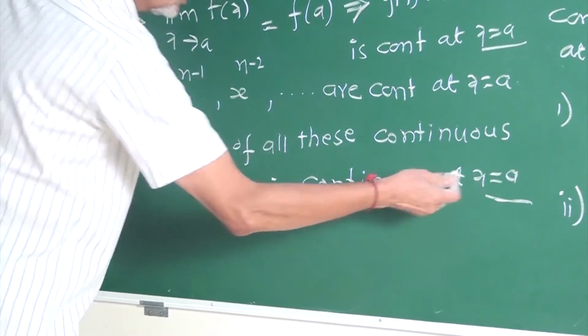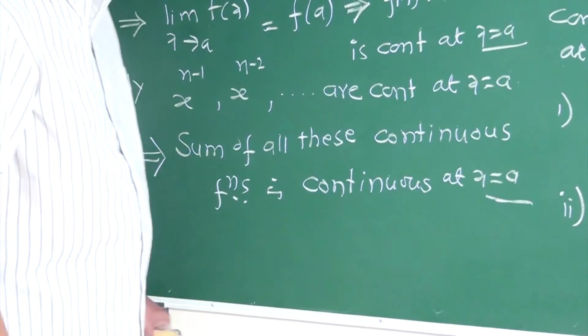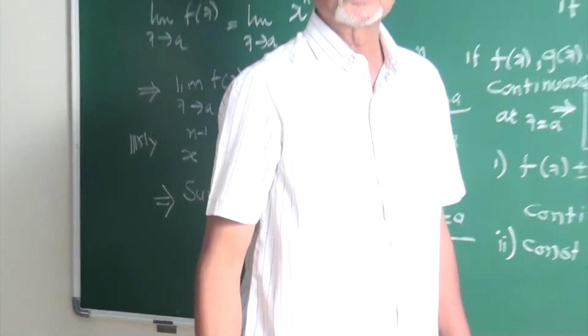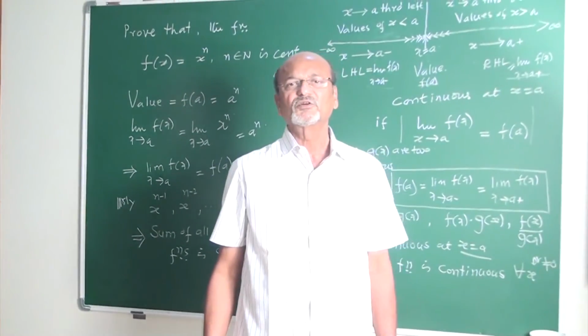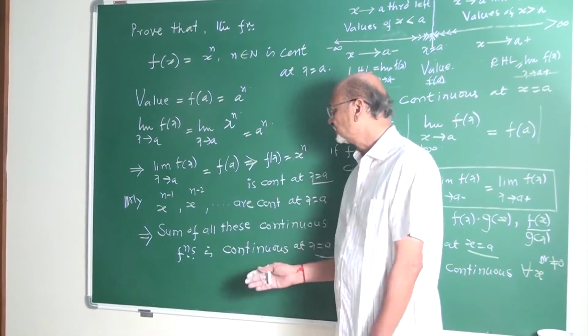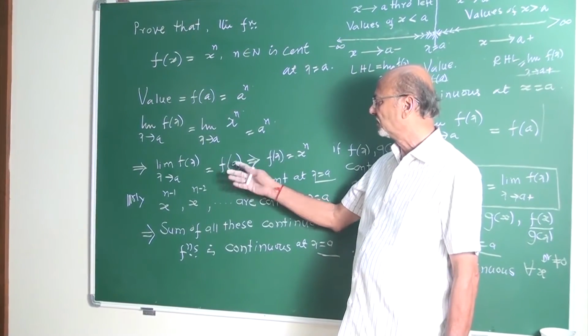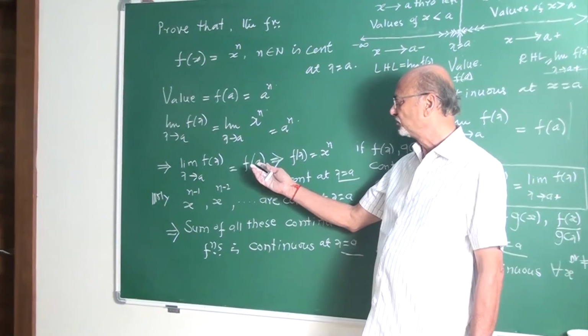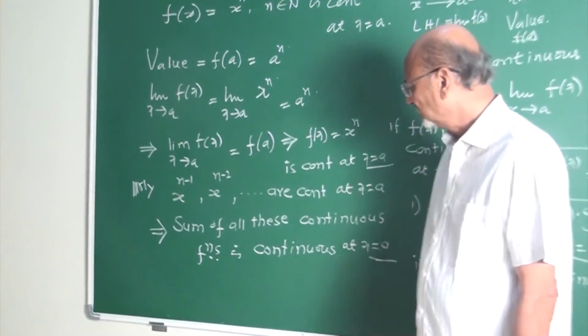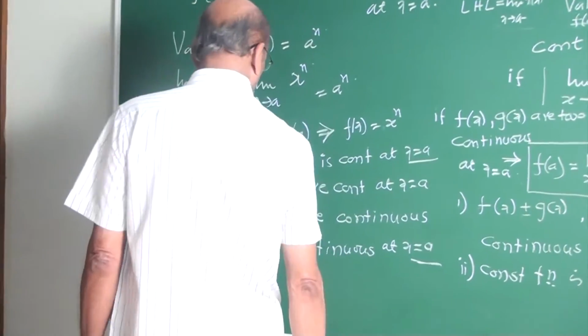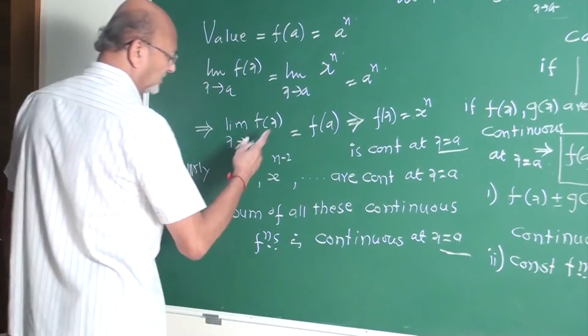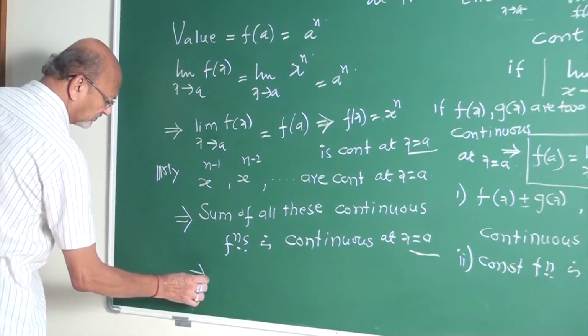What next, my friends? That x equal to a is an arbitrary point, an arbitrary constant. Even instead of a, you may choose b, you may choose k, you may choose 10, you may choose 15. In that case, the sum of all these functions is a polynomial function.